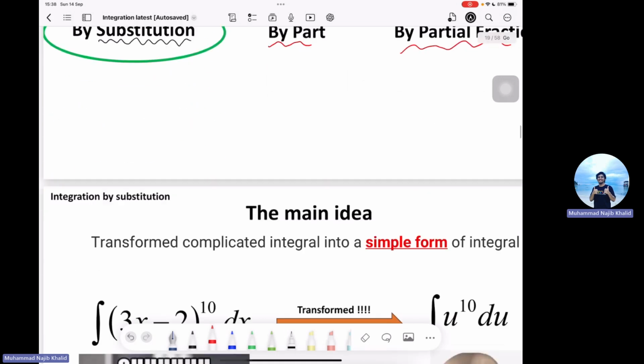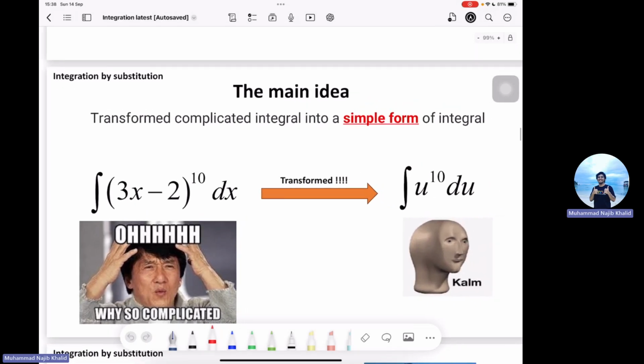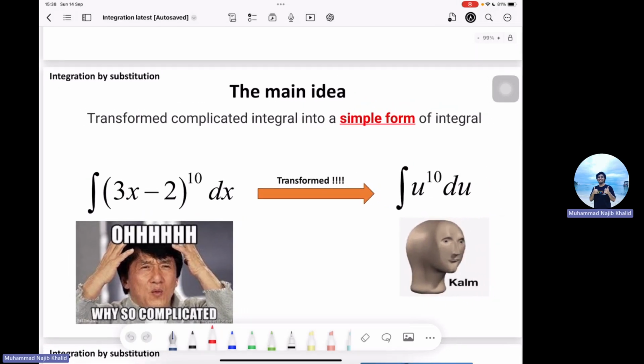Right. So before we go, the main idea of this method is we want to transform something complicated into a much simpler form. Again, we want to rewrite the integral which we find very hard, very complicated, into a much simpler form of the integral.